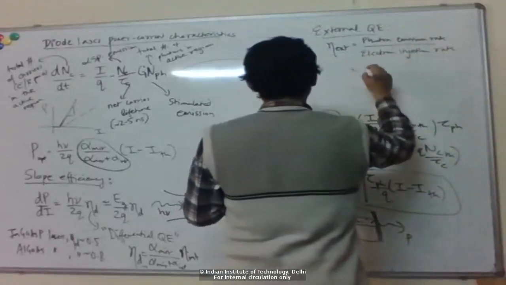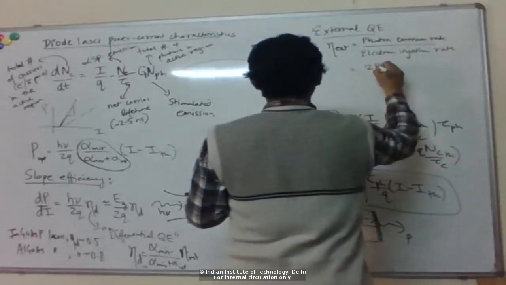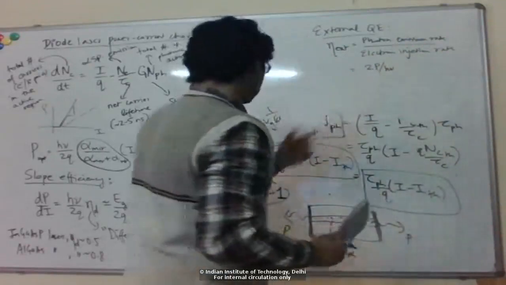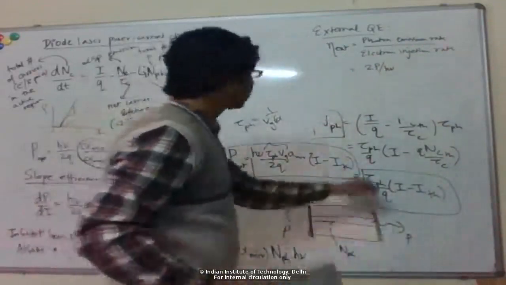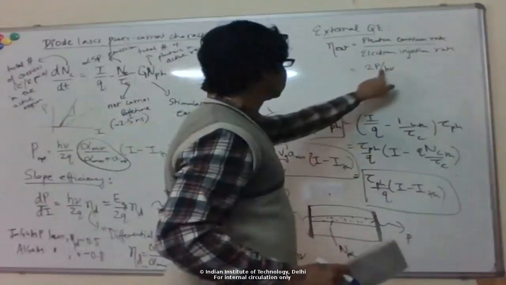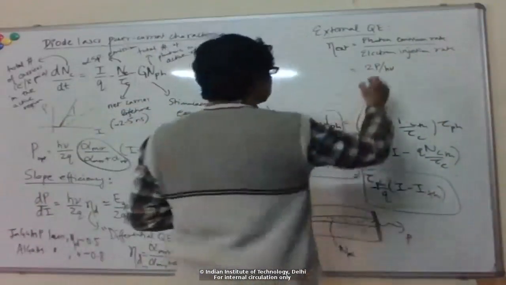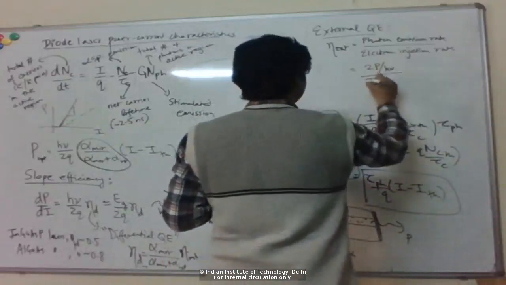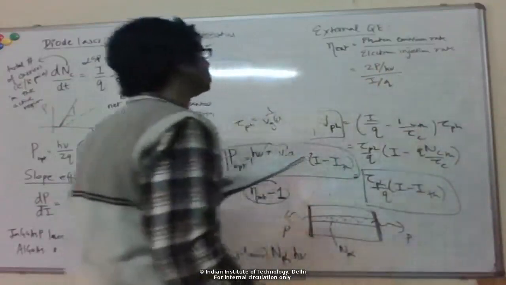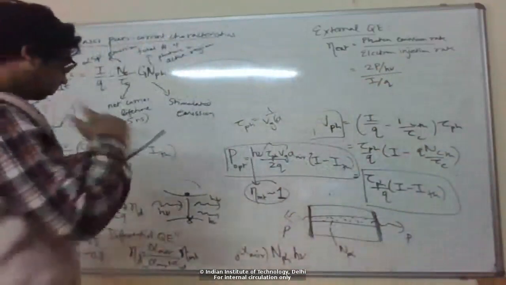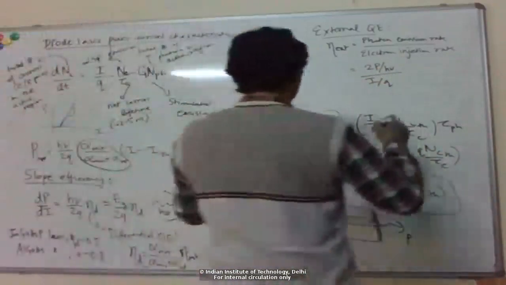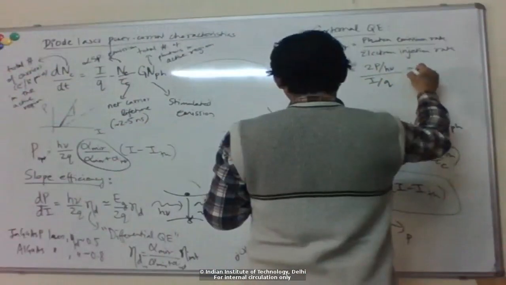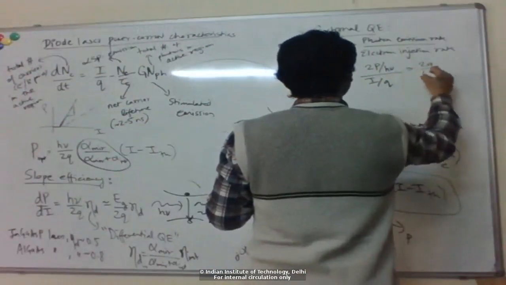If P is the power coming out of one facet, then the total power coming out is 2P. So the photon emission rate is 2P by h nu, divided by the electron injection rate, which is I over Q. Again, if I replace h nu by the band gap, this becomes simpler.